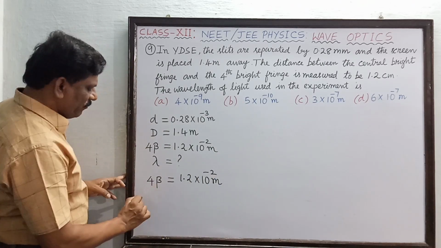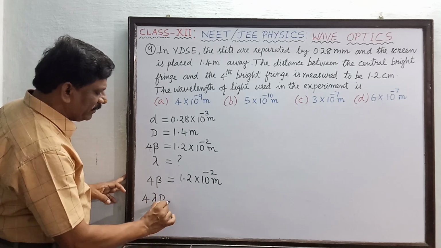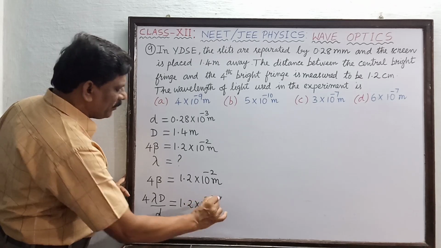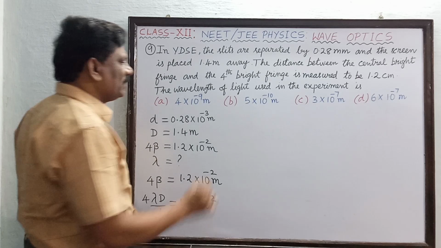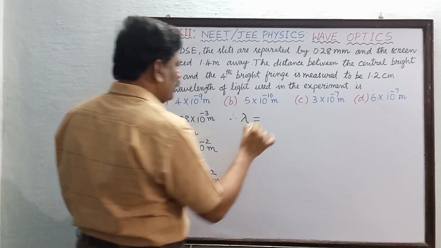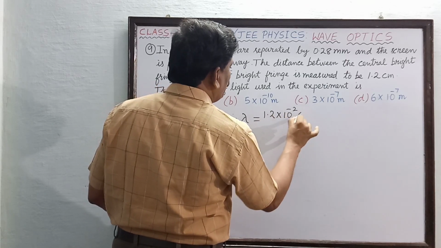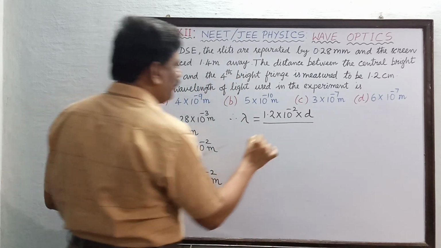So 4 into lambda capital D divided by small d is equal to 1.2 into 10 power minus 2. So here lambda is to be determined, is it not? Therefore lambda is equal to 1.2 into 10 power minus 2 multiplied by small d divided by 4 capital D.